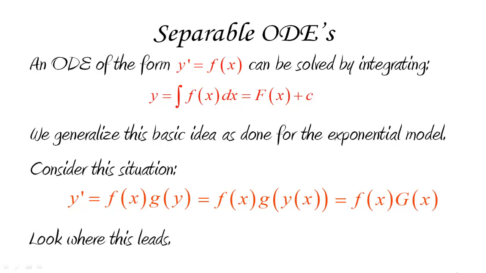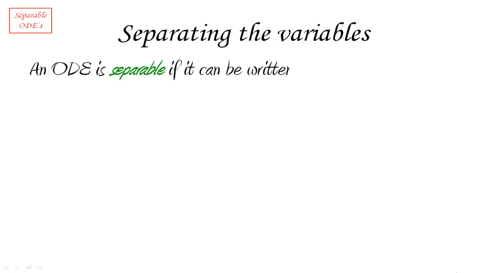Look at where this leads. What we're going to do is separate the variables. What do I mean by that? I'm going to say that an ODE is separable if it can be written in this form: y prime equals a function of x times a function of y.